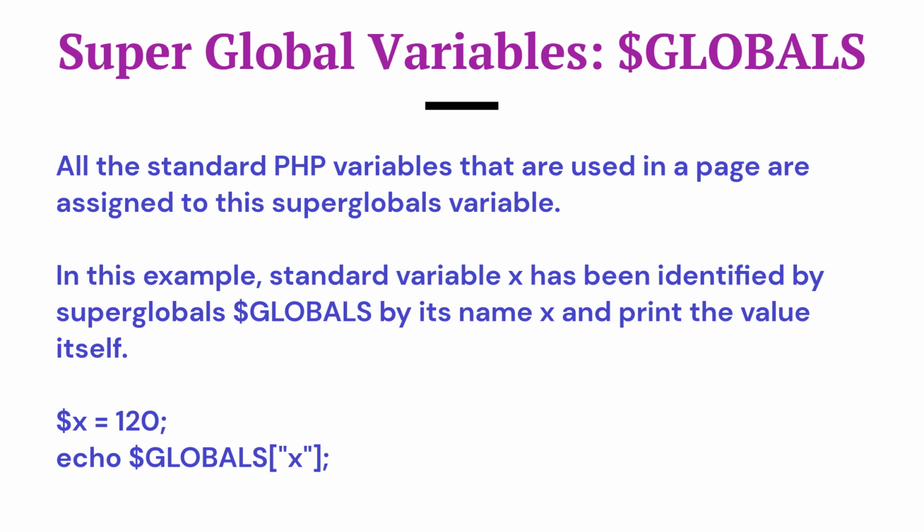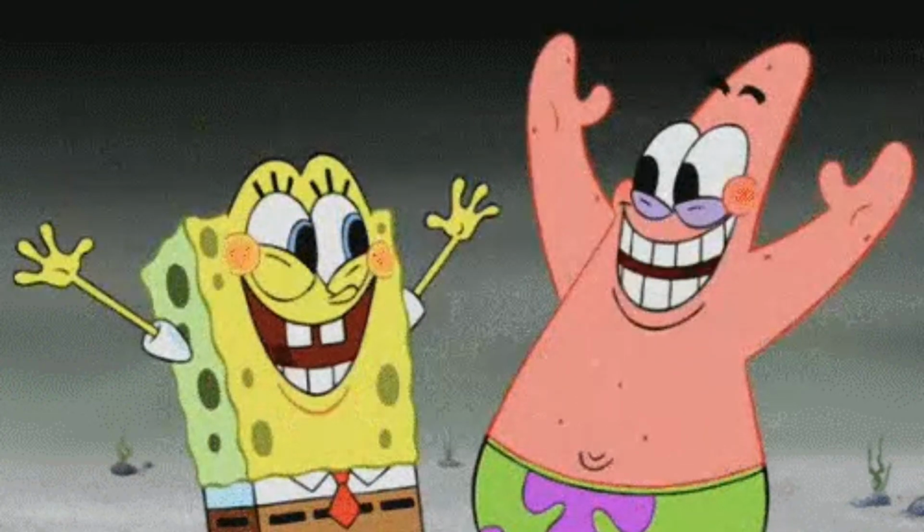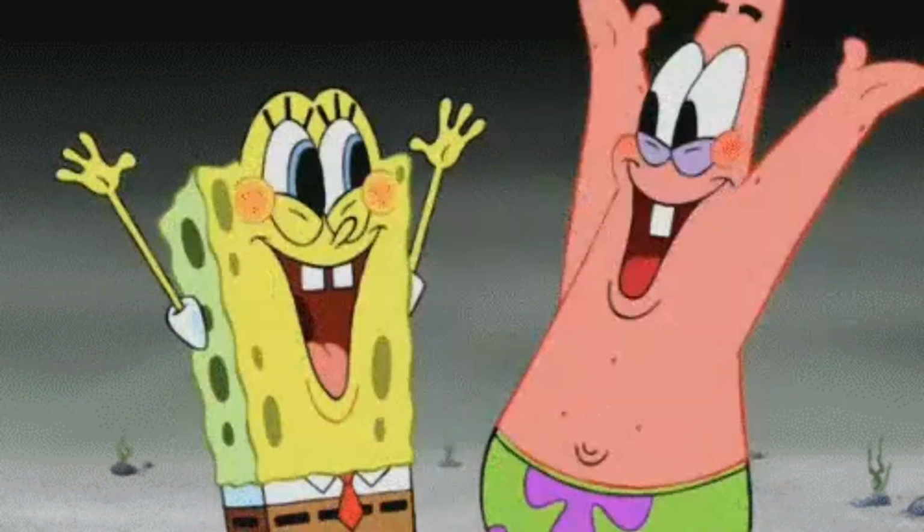All the standard PHP variables that are used in a page are assigned to this superglobal variable. $GLOBALS identifies the standard variable using its name. In this example, standard variable x has been identified by superglobal $GLOBALS by its name x and prints the value itself. We will discuss these superglobal variables in more detail in other lectures.